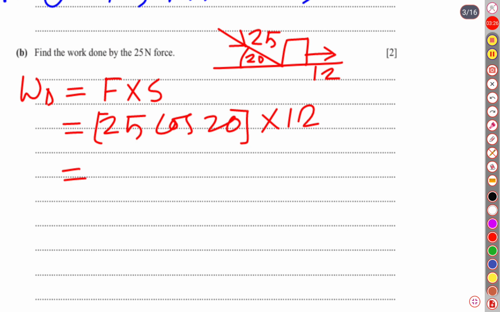Now if we use our calculator, 25 cos 20 into 12 is equal to 281.908. So we can write 282 joule. This joule is the work done by the driving force of 25 Newton.